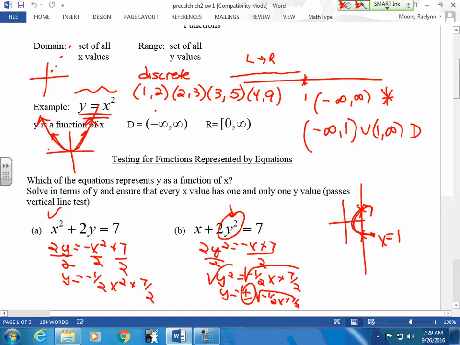Here's a rule of thumb. Whenever you physically undo the square, you always get a plus or minus. If your radical is already there, if it looks like this to start with, then you only get the positive because you didn't undo this square.